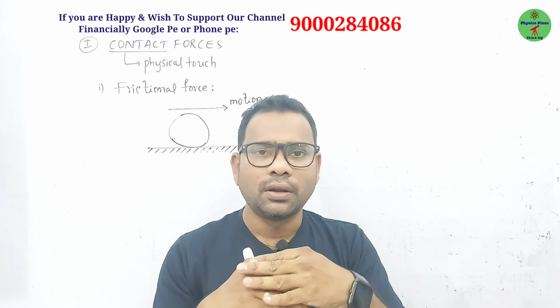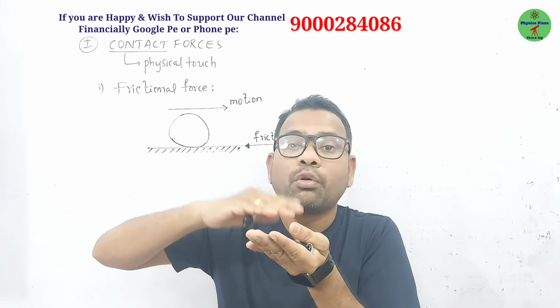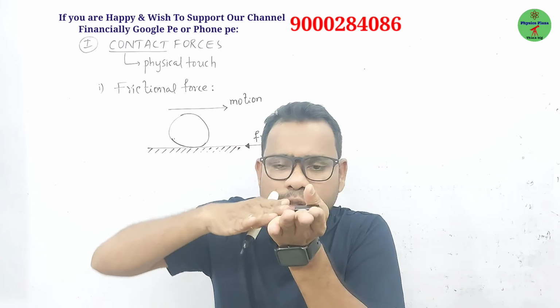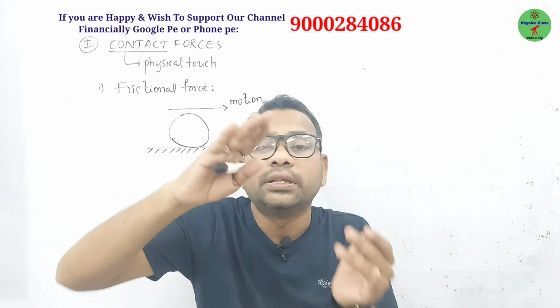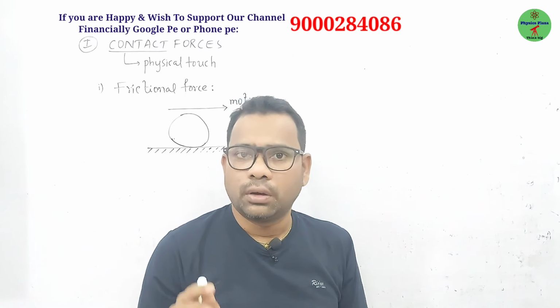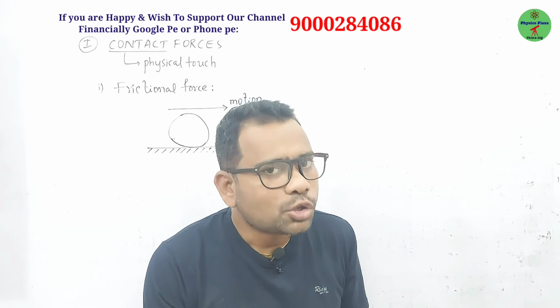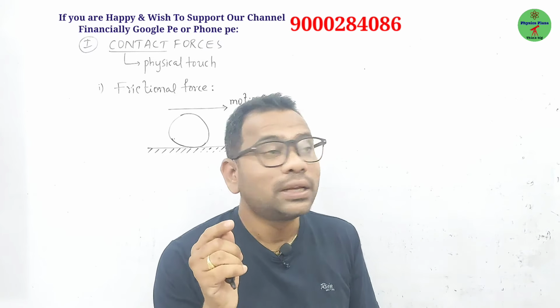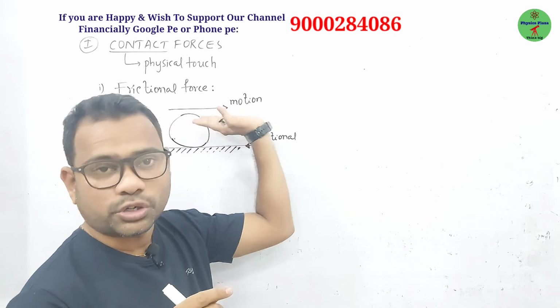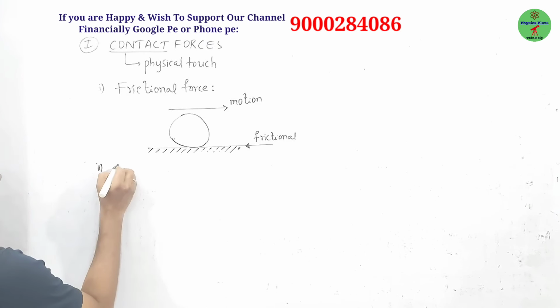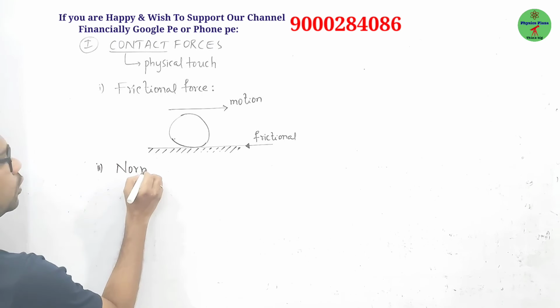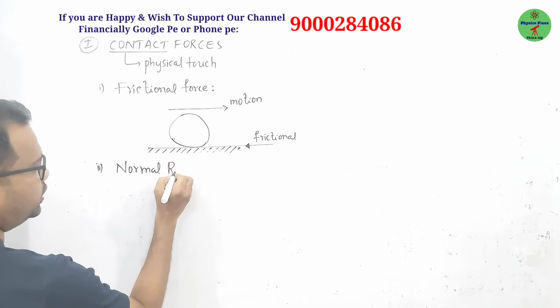Whenever one body is moving over another body, with two surfaces in some relative motion, then this force will come into the picture. Usually it will try to stop the body because it is in the opposite direction of motion. Clear? Fine. And the second one is normal force or normal reaction.